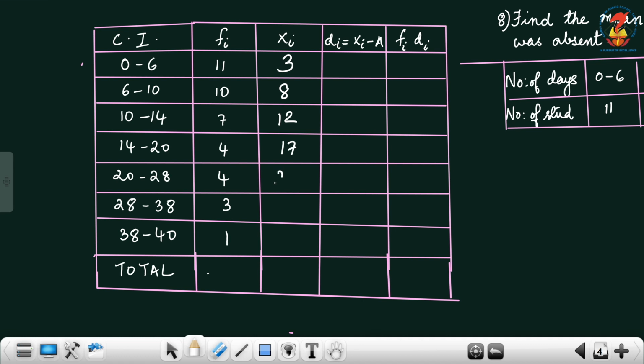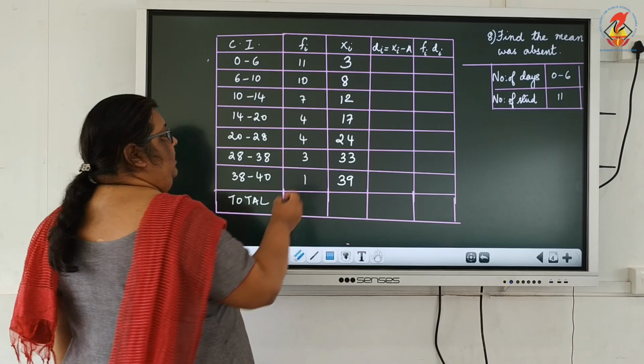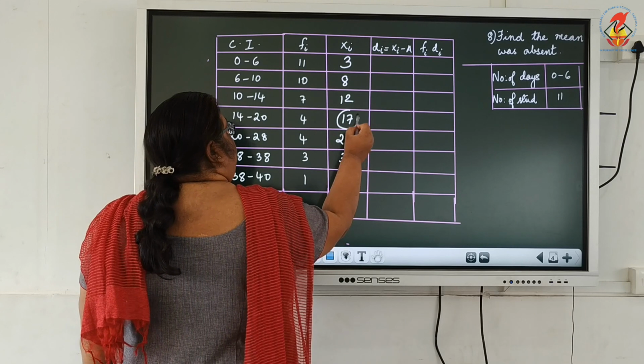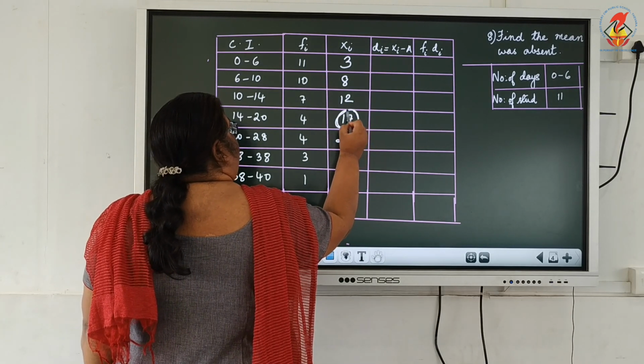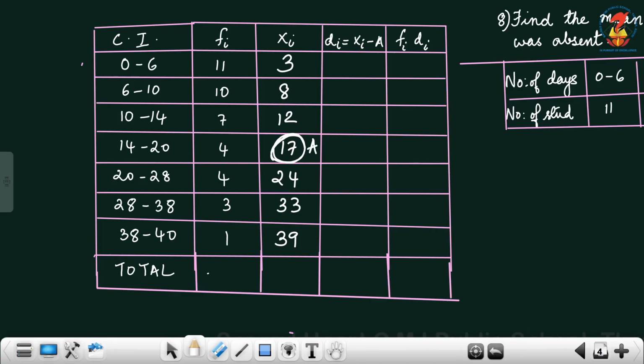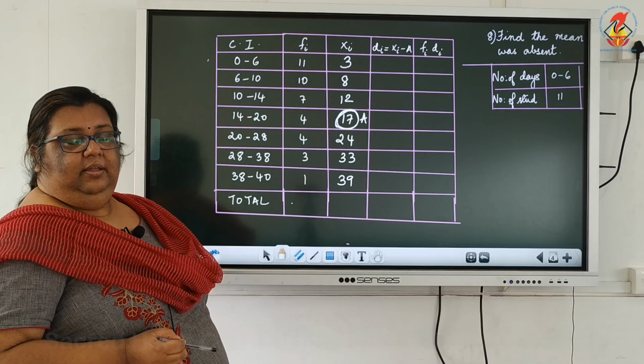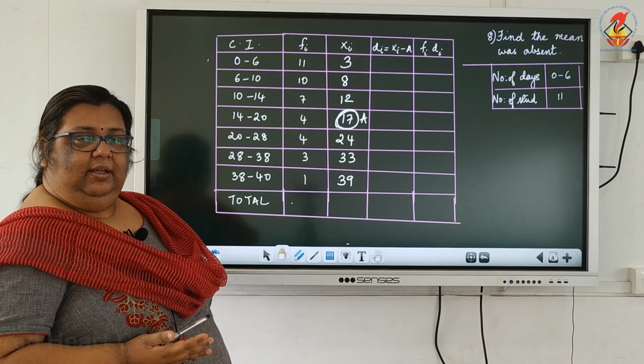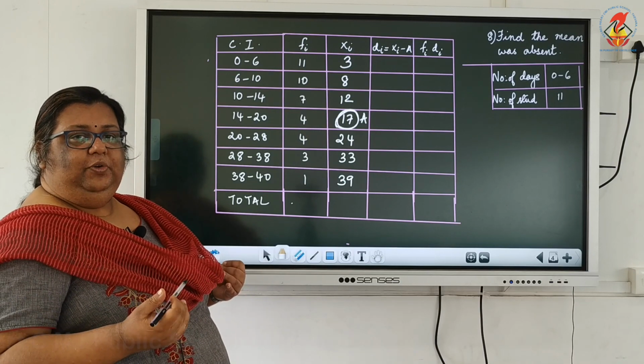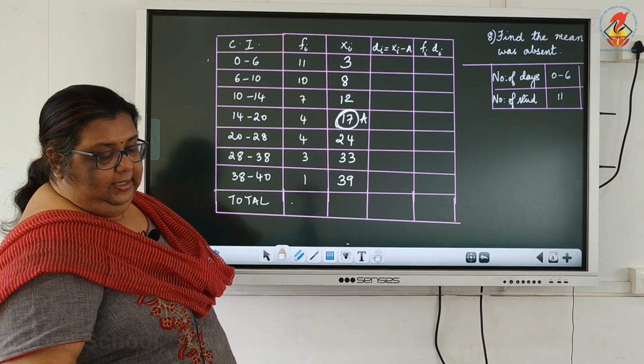Then 17, 24, 33 and 39. Now from the xi's we have to take the assumed mean. Here, somewhat the middle value is 17 and I took it as A. Any value you can take. If we take somewhat the middle value, it will be easy to calculate.